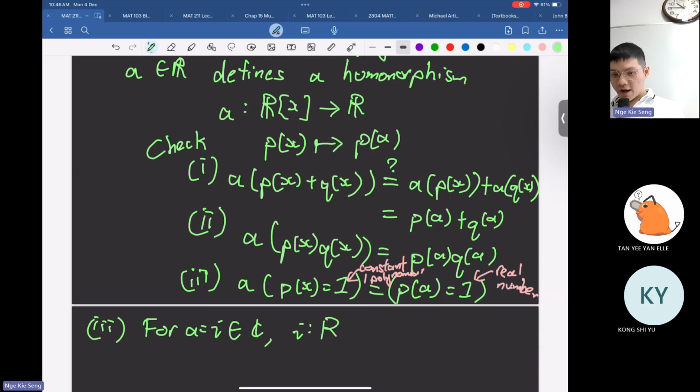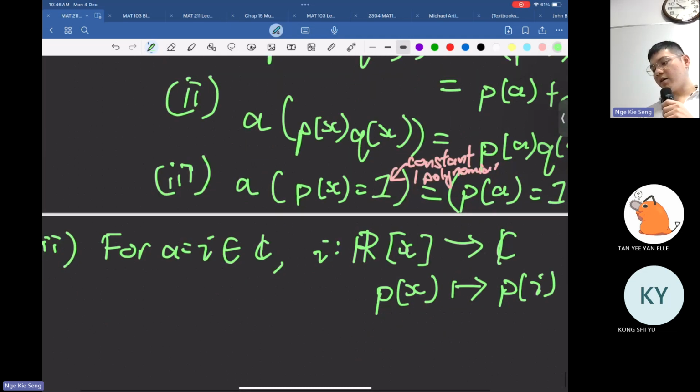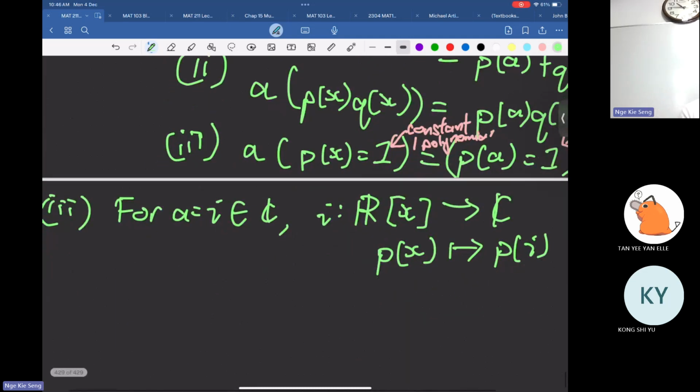So we will have a map from the polynomial ring over R to C. We evaluate p(x), and this value will live in the complex numbers. That's why we take this polynomial as a formal polynomial instead of a function, because we can evaluate at any rings we like, as long as the value makes sense.